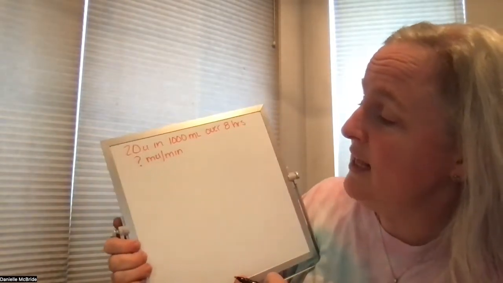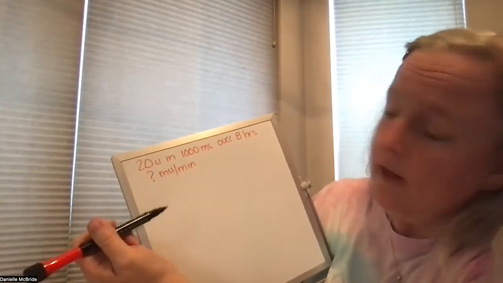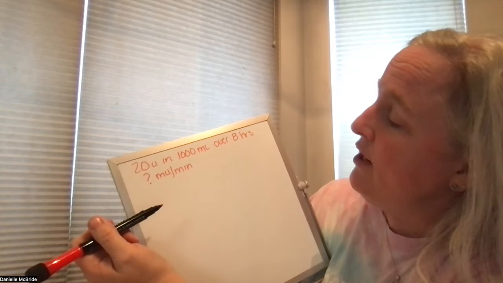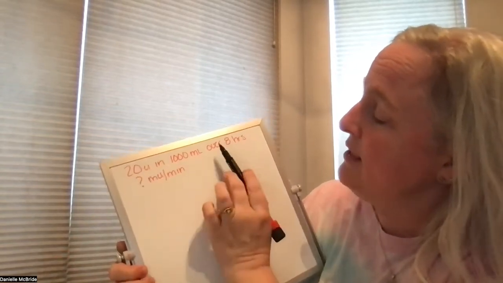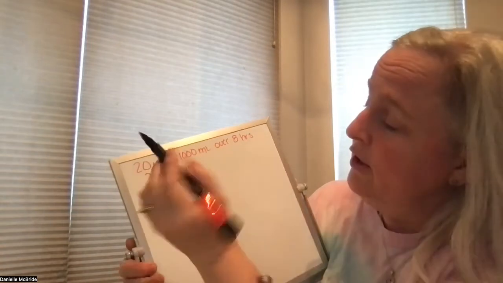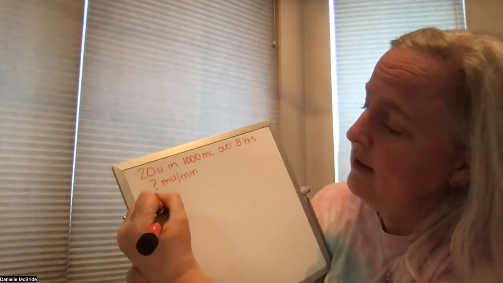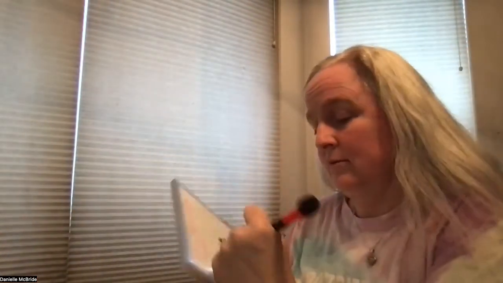So for this, I need to convert backwards. Okay, so first I want to know if they're getting 20 units in 8 hours, how many are they getting per hour? So the first thing I want to do is take 20 and divide it by 8 hours.